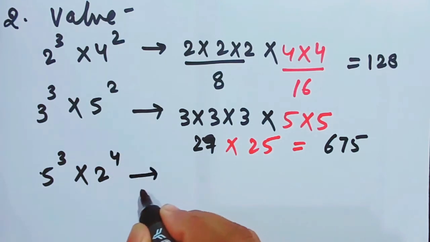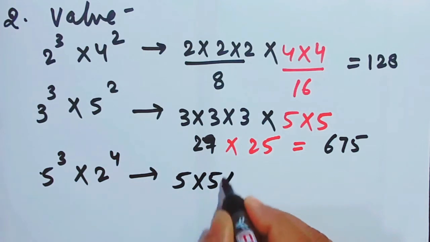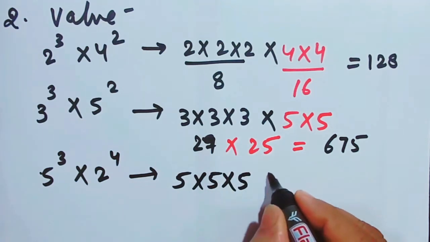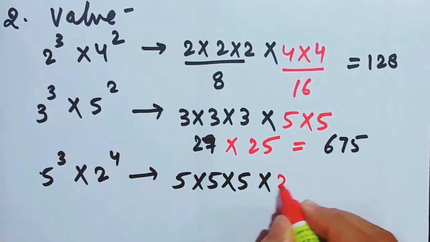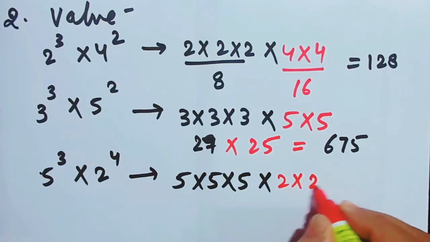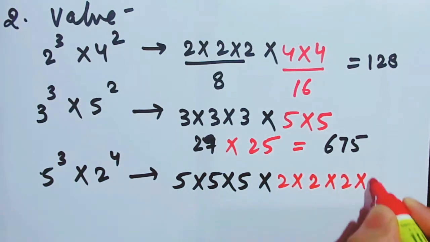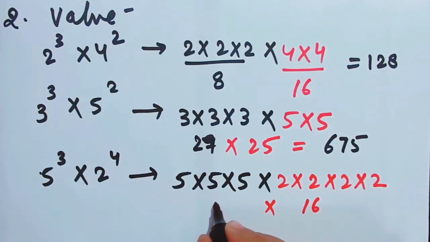So my dear, 5 to the power 3 means 5 times 5 times 5, and 2 to the power 4 means 2 will be multiplied 4 times: 2 into 2 into 2 into 2. So here you are going to get 16, while 5 times 5 times 5 will be 125.